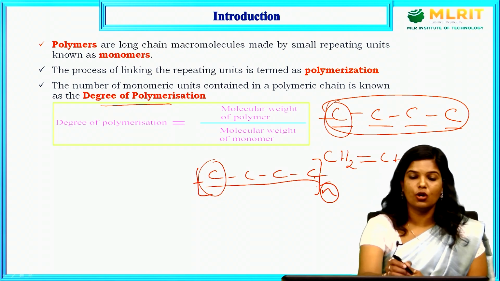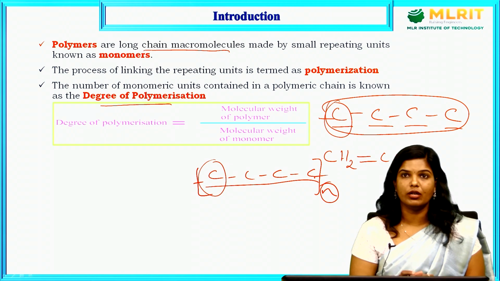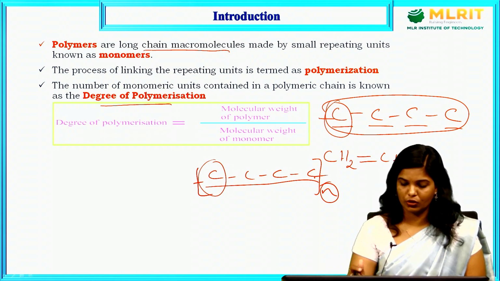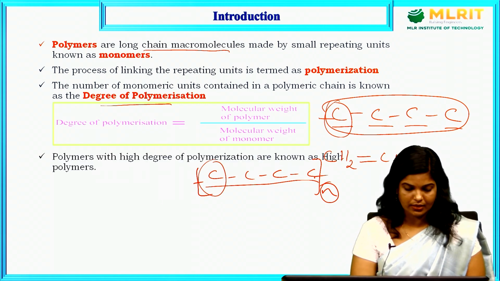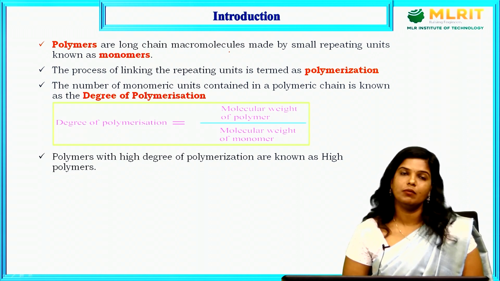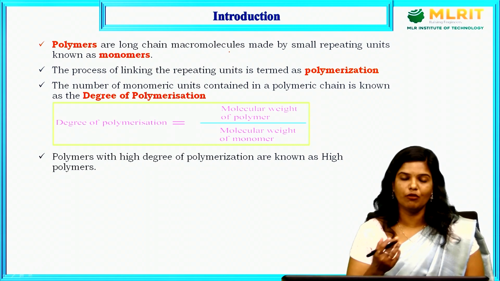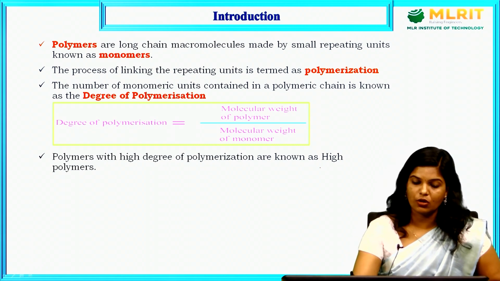Since it is a long chain macromolecule, it is indefinite. We cannot define it anywhere. It is like an indefinite monomeric chain or macromolecular chain. So, in simple terms, degree of polymerization is the molecular weight of the polymer divided by the molecular weight of the monomer. When polymers have a higher degree of polymerization, they are known as high polymers.